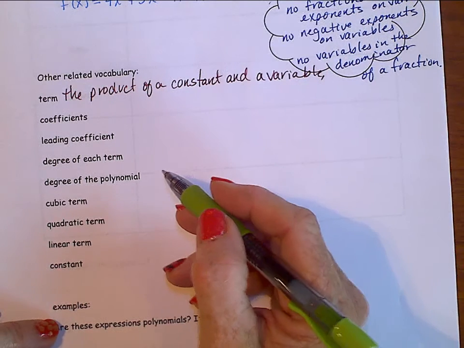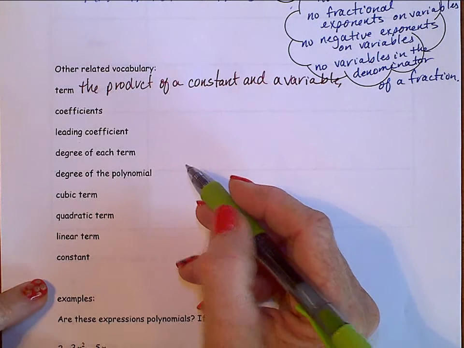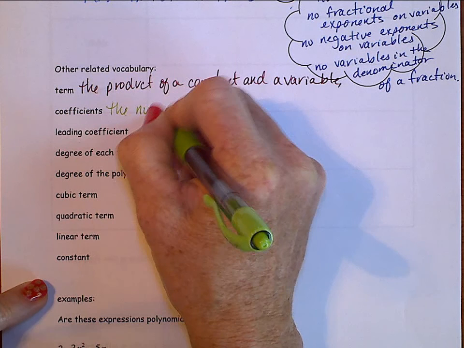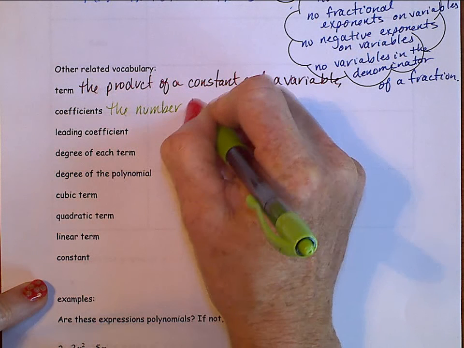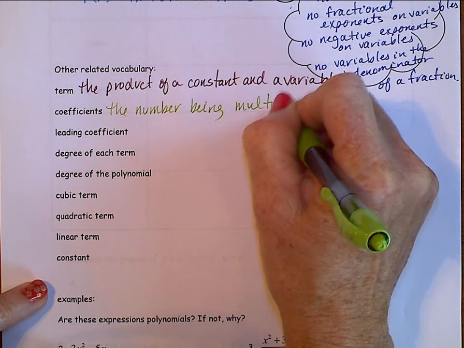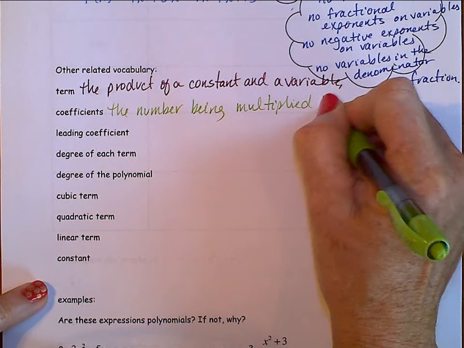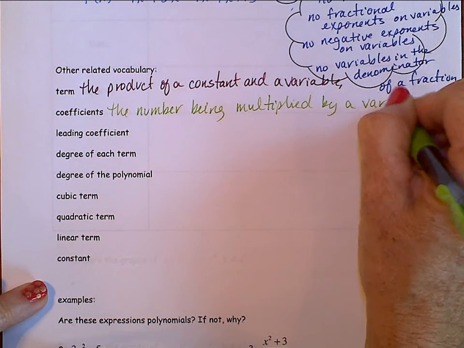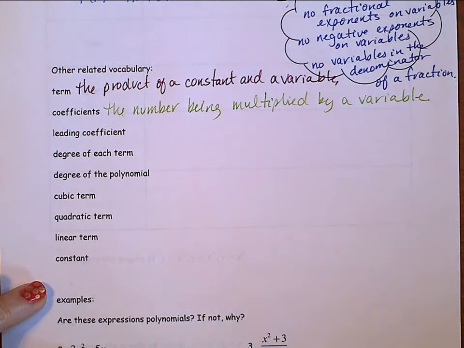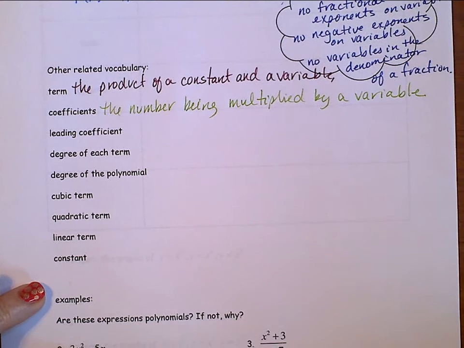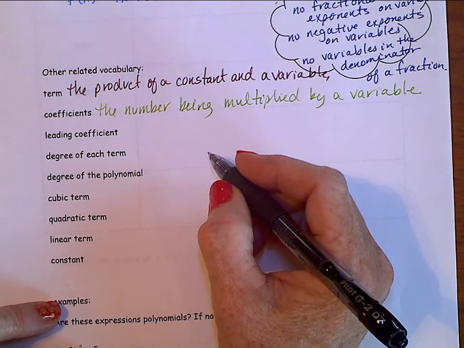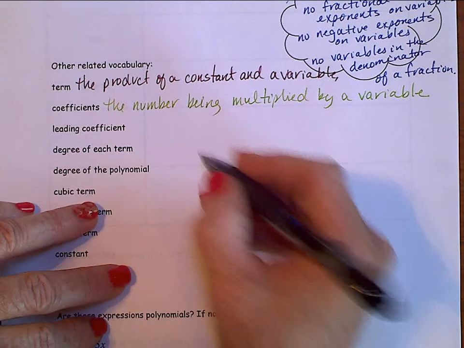Coefficients, that's the number being multiplied times a variable. A leading coefficient. The leading coefficient is the coefficient of the term with the highest degree.